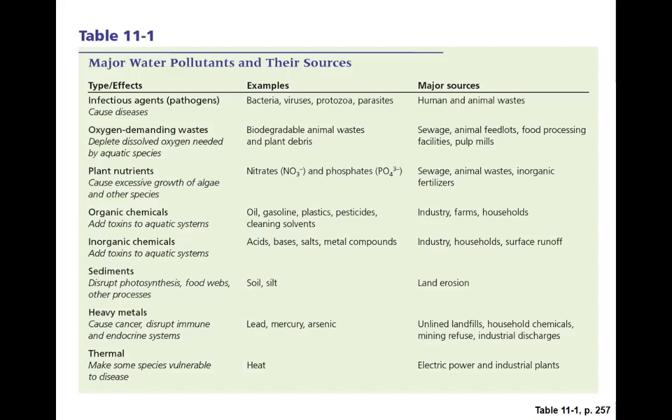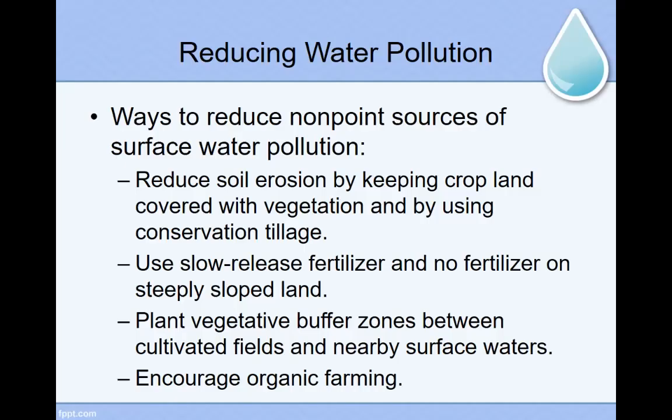When we were looking at biomagnification, the increase in mercury as it goes up the food chain can cause major problems. Sources include unlined landfills, household chemicals, mining refuse, industrial discharges. And then thermal is heat. Electrical power and industrial plants are good examples of that.